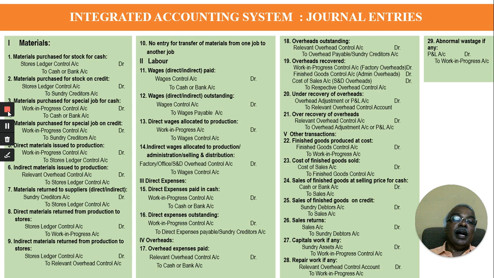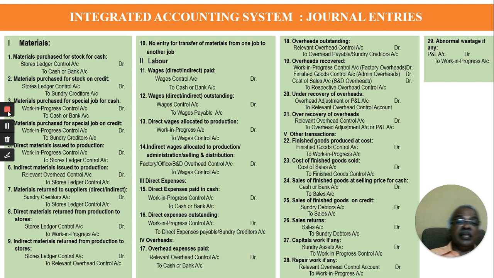If there is under recovery of overhead, you can create a separate account, overhead adjustment account, or directly transfer to profit and loss account. So overhead adjustment account or profit and loss account debit to relevant overhead control account. If it is over recovery of overhead, relevant overhead control account debit to overhead adjustment account or profit and loss account.